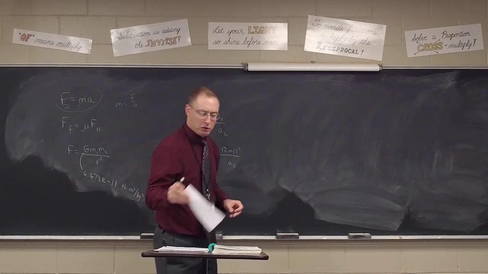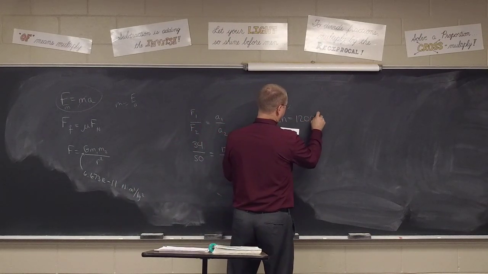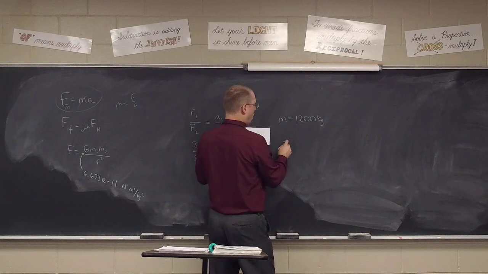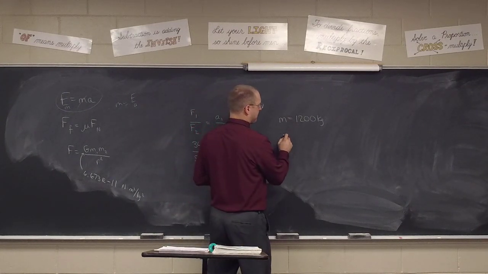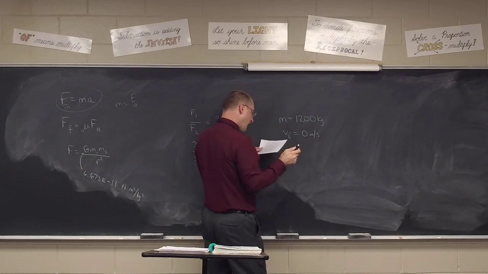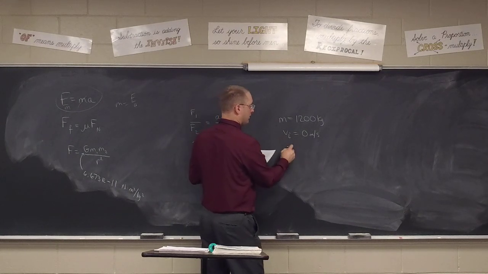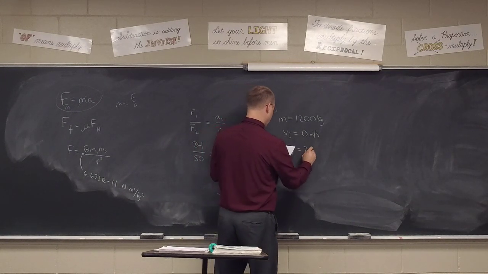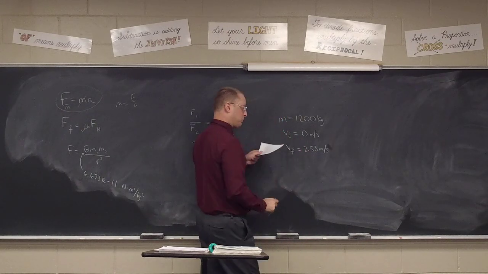All right, so as we look at this one's a little more involved because we've got a mass of 1,200 kilograms. The car is at rest initially, class. But it's going to reach a rate, it says, of 2.53 meters per second, and it's going to take 3 seconds to do that.